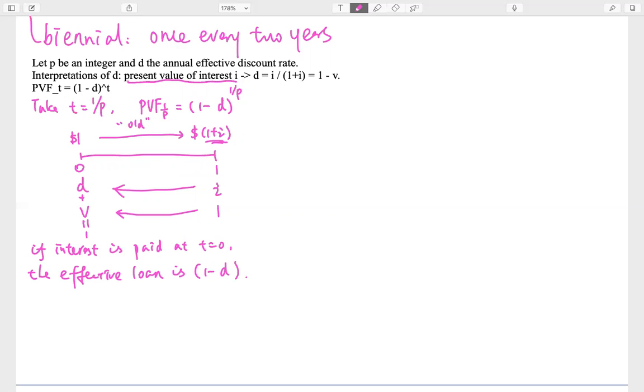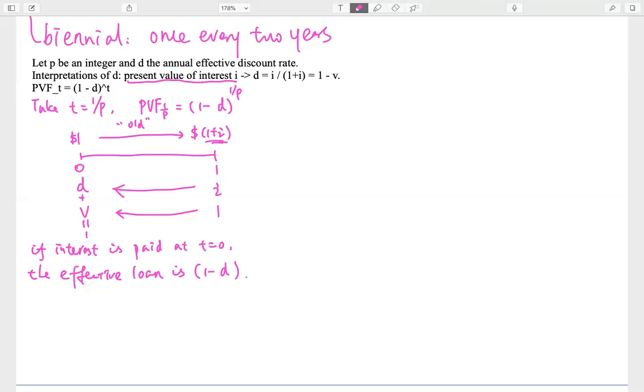So basically you want to borrow $1, but I want you to pay me the interest right at the time of borrowing. So instead of giving you $1, I will only give you 1 minus d, because I implicitly take d dollars out for interest. By the end of 1 year, you pay me back $1, no longer 1 plus i, because you prepaid your interest. When you take out this loan, you only got 1 minus d at time 0. In the future, you pay back $1.